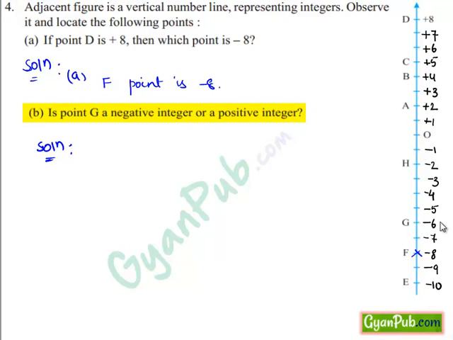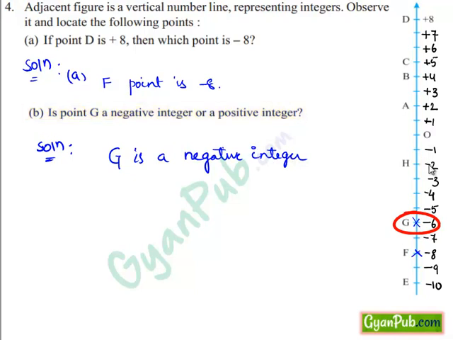By observing this number line, G is below 0. So mark the point G, and we can say that G is a negative integer because it lies below 0. Then take down the C bit.